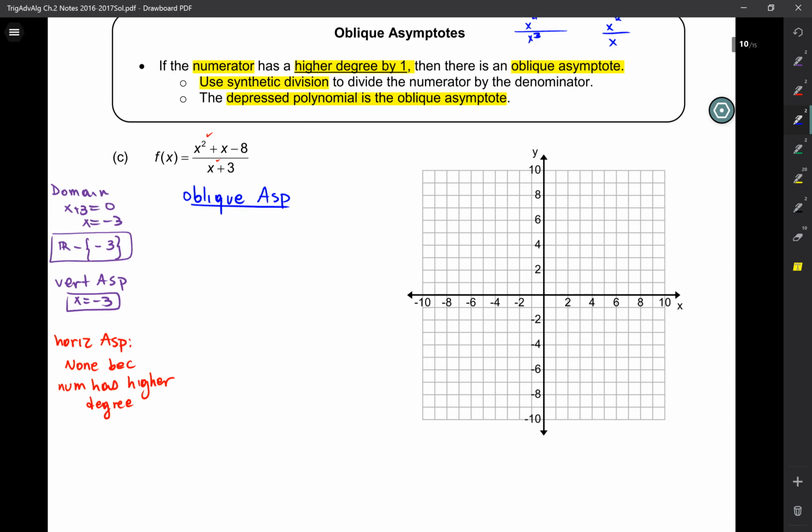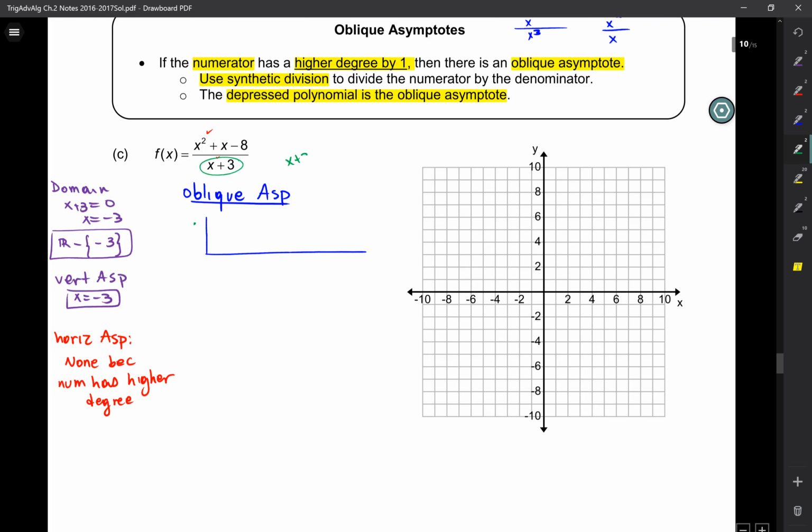We've got to do division, either long or synthetic. So let's do synthetic division. Okay? All right. So what number is going to go on the far left here? Not 1. You take this, set it equal to 0, negative 3.